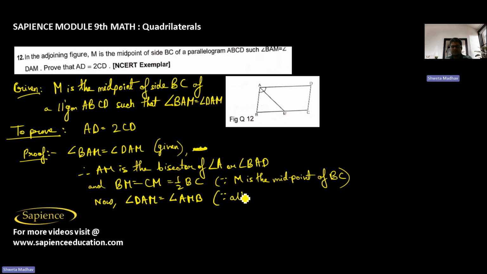Since why? Since alternate interior angles are equal, as AD is parallel to BC, and AM is the transversal.